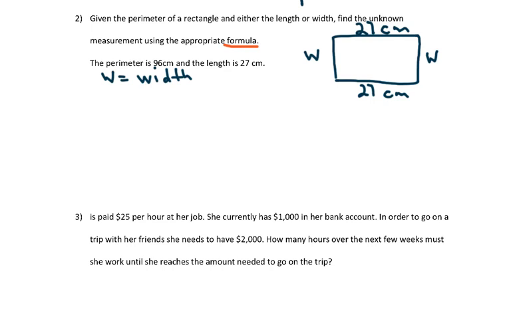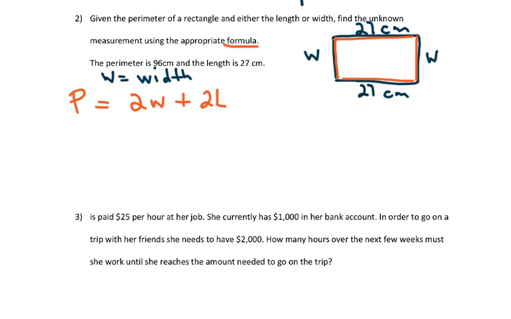So formula for perimeter, remember perimeter means you add up all the sides. So the formula for perimeter of a rectangle is 2 widths, so 2W, plus 2 lengths, 2L.